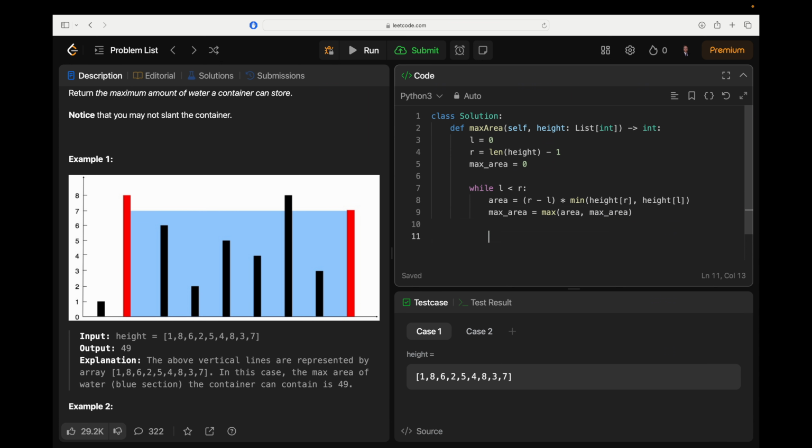All right. Now we can move the pointers in. First of all, we can just return it at the end. Return max area.